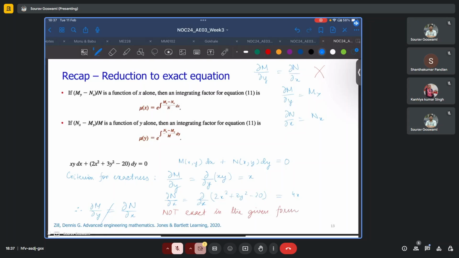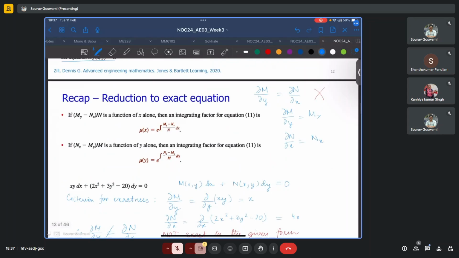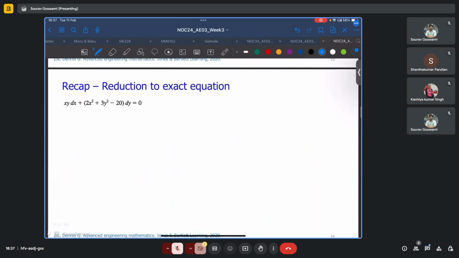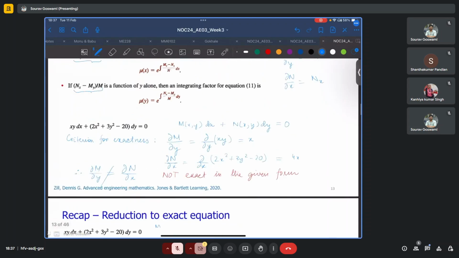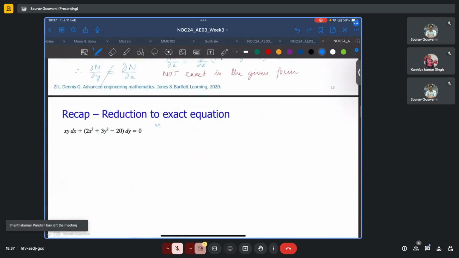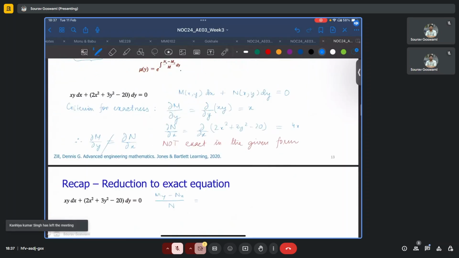But as we just discussed, is it possible to reduce it to an exact equation? Let's see. The criteria is given right here. We check the functions (My minus Nx) by N and (Nx minus My) by M. What was My?